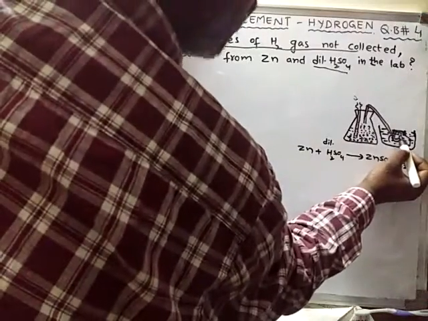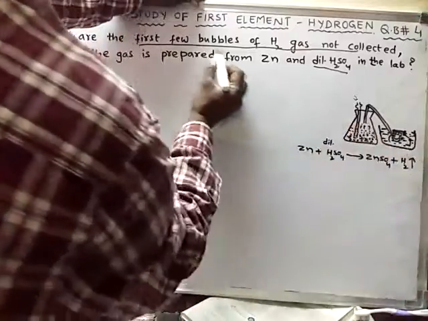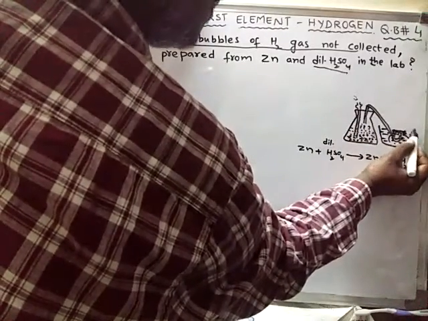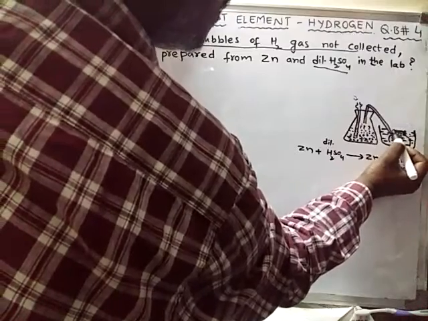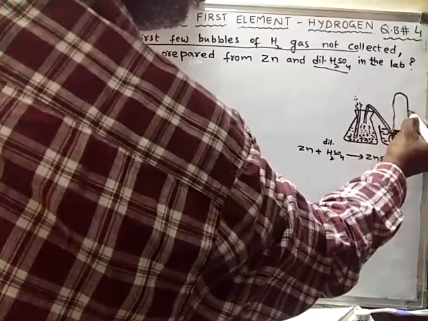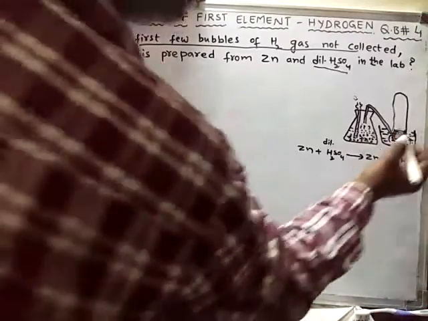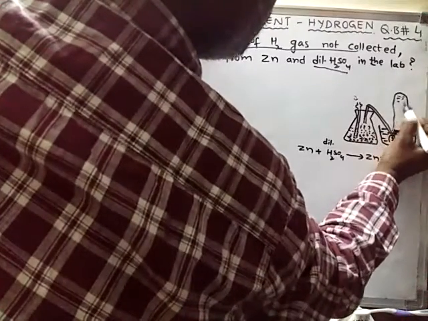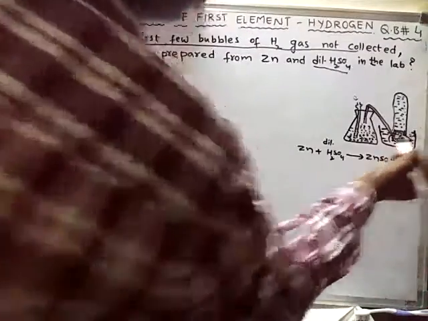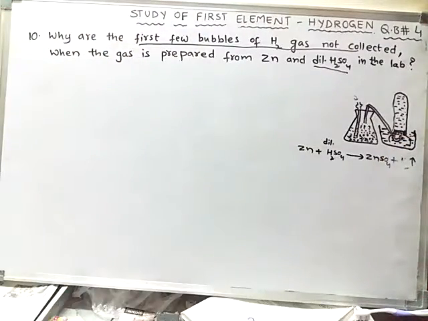The first few bubbles which are formed, we should not collect this hydrogen. After letting out a few bubbles of hydrogen, immediately we have to put a gas collecting jar which is filled with water. We have to invert that gas collecting jar over the beehive shelf.